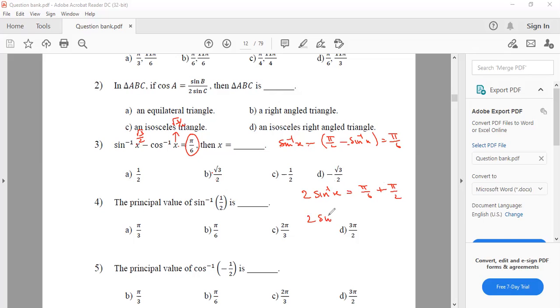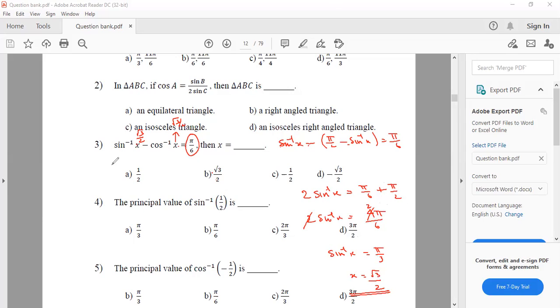So 2 sine inverse x is 4 pi by 6. So sine inverse x is pi by 3, so x is equal to root 3 by 2.